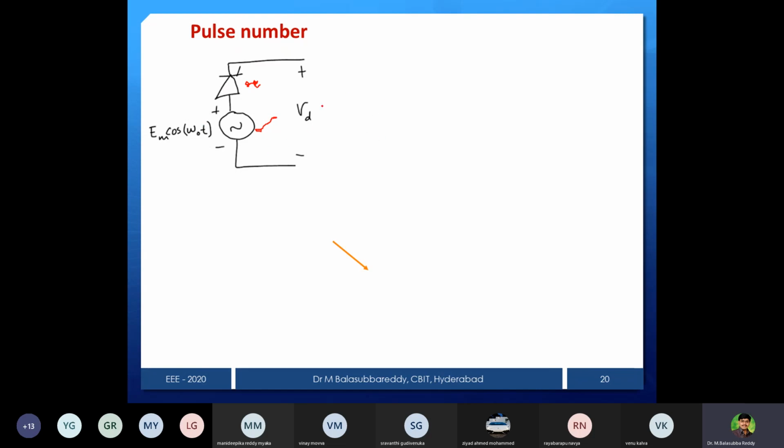The input is AC supply, this is our one cycle, and depending on at what instant the valve is conducting, like if alpha is 0 or alpha is 30 degrees, anything you can take, this is our output voltage when one valve is conducting. And when you compare to the DC supply, it normally has more ripple.